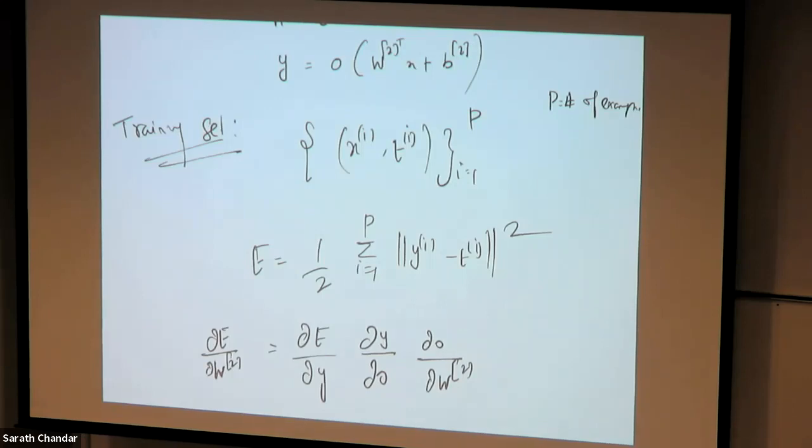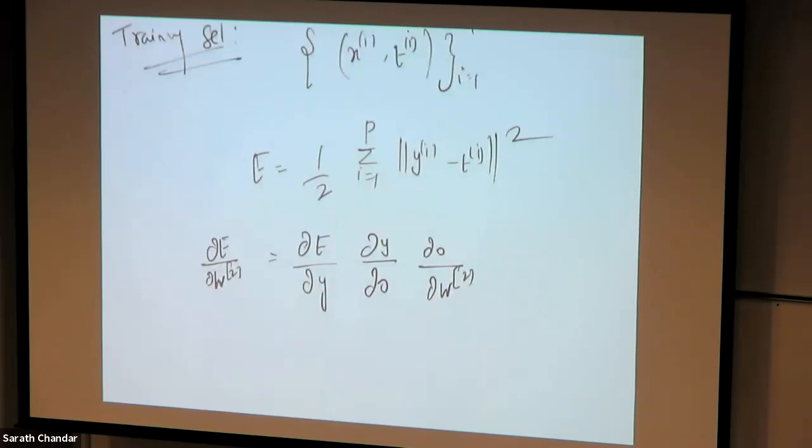Similarly, if you want to do dou E by dou W1, what would you do? Can somebody tell me what is dou E by dou W1? So what is the chain rule? It's the same chain, but you only change W2 to W1 in the last.